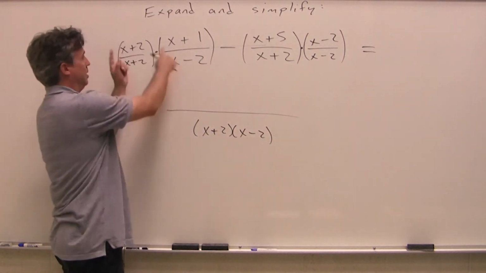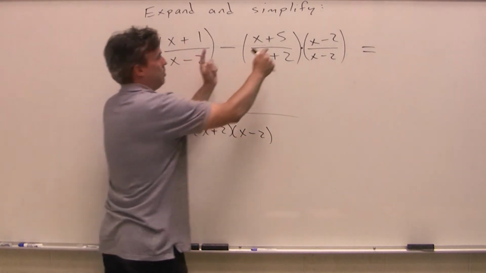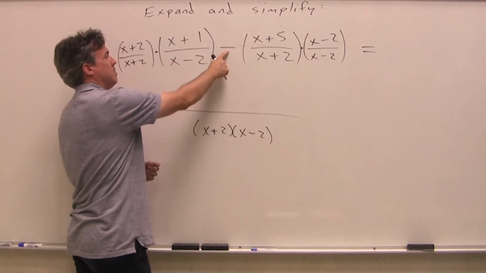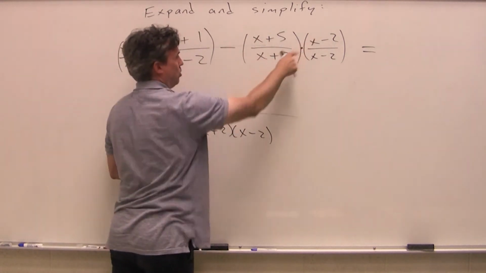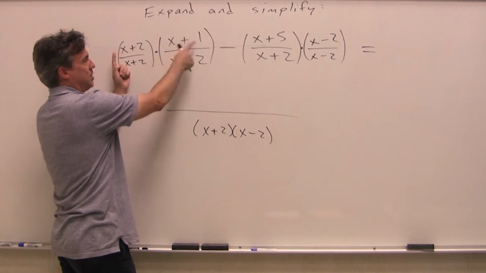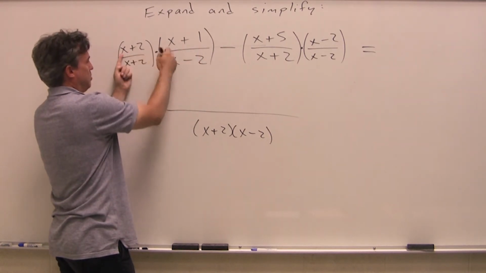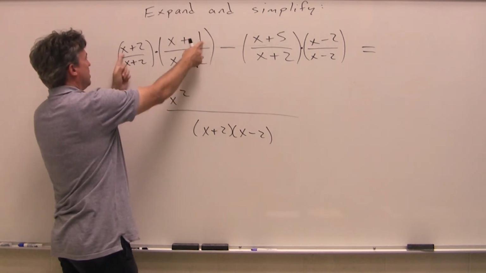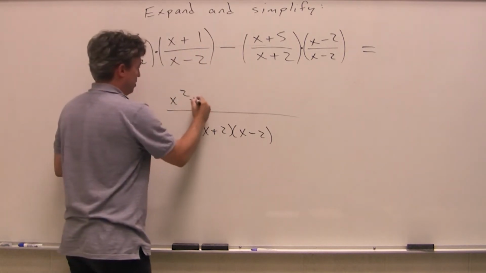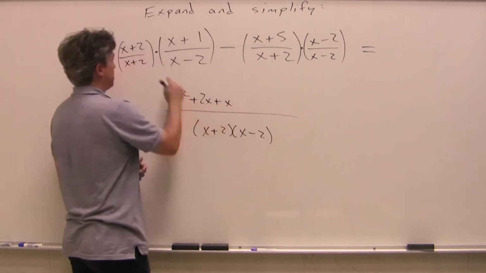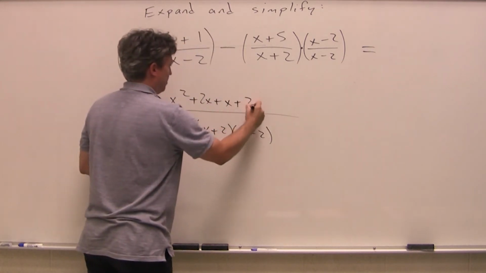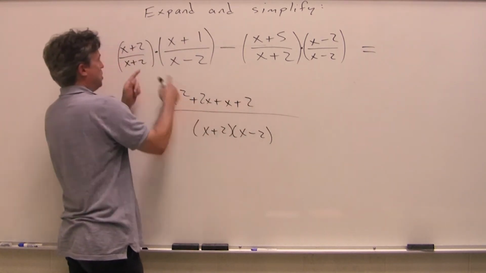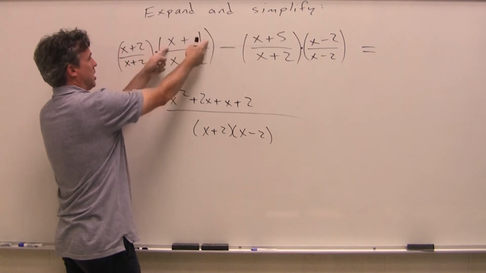And on top, I multiply out this term, I multiply out this term, I make sure there's a minus sign that's attached in front of this whole thing. So I'll do this relatively quickly compared to earlier. X times x, x squared. 2 times x, 2x. 1 times x is 1x. So I've got 2x plus x. 2 times 1 is 2. This is the result of multiplying these two expressions.